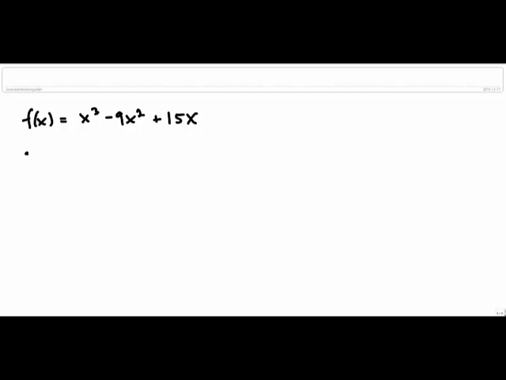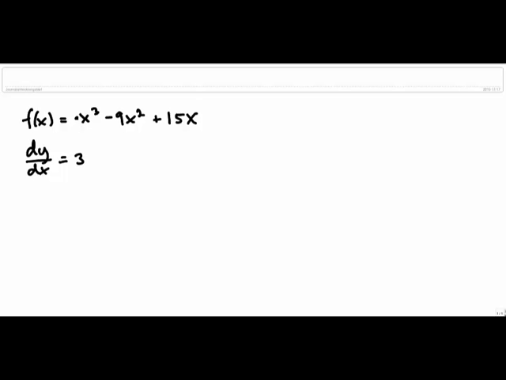So first of all, let's find the derivative. So if this is y, then we can say that dy/dx, the derivative of y with respect to x, is equal to. Now you have to remember the rule. You take the exponent, move it in front.